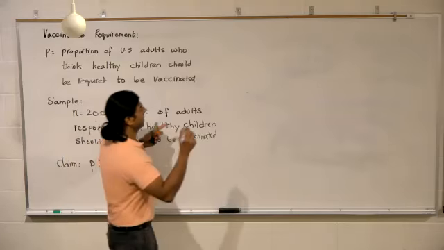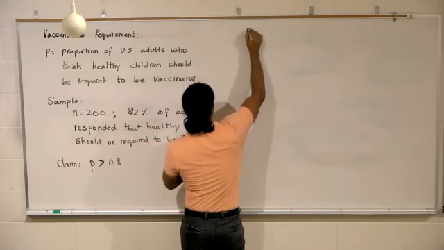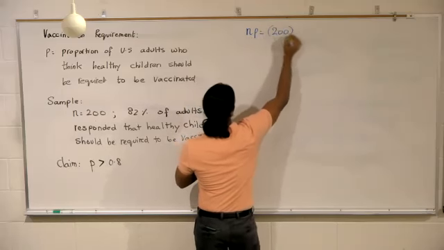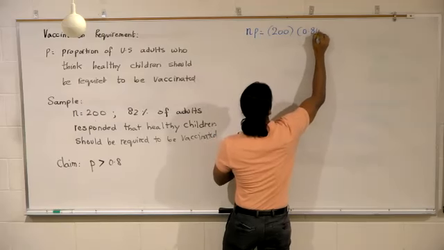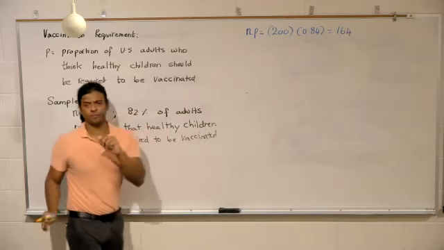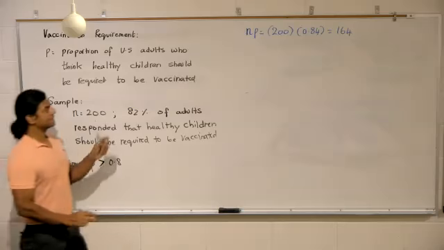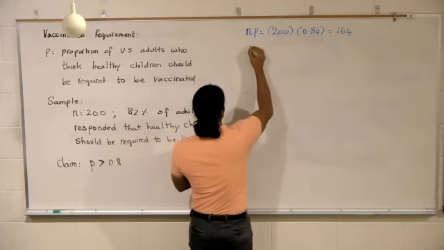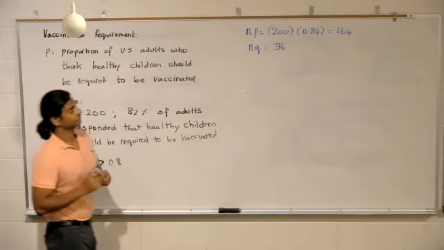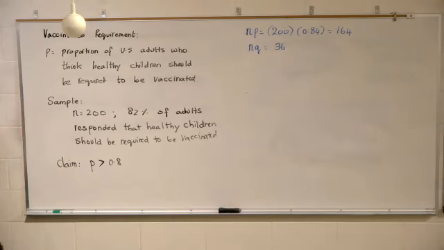First off, is the condition satisfied? N times P is 164, yes. And N times Q naturally would be 36. Wait, where did you get 84 from?